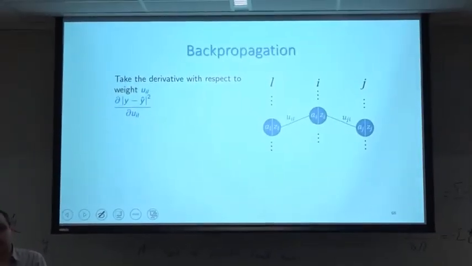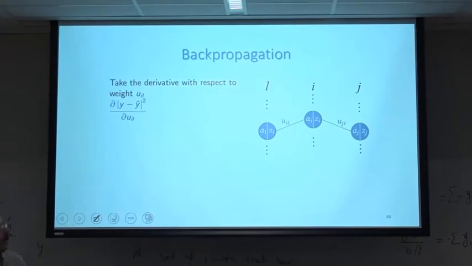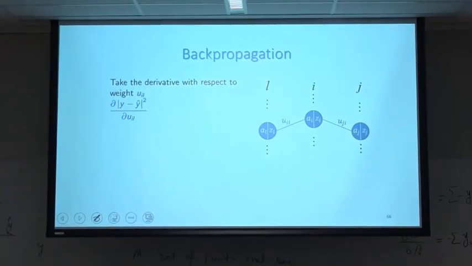So I want y to be close to y hat. But my job is to take the derivative of this cost function with respect to one of these weights, one of these parameters: the derivative of (y minus y hat) squared with respect to u_il. Any suggestion how we can take this derivative?